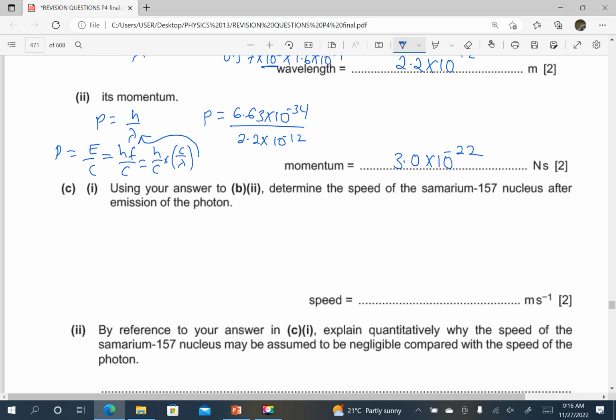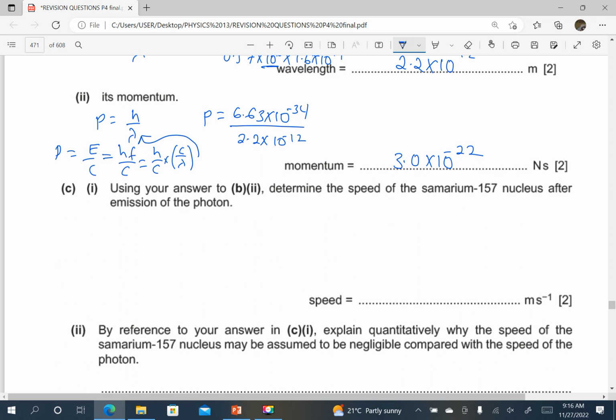Use your answer in B Roman 2. Using your answer to B Roman 2, determine the speed of samarium nucleus after emission of the photon. So first of all, momentum is m times v. Of course, after emission of the photon, samarium is going to recoil for momentum to be conserved.